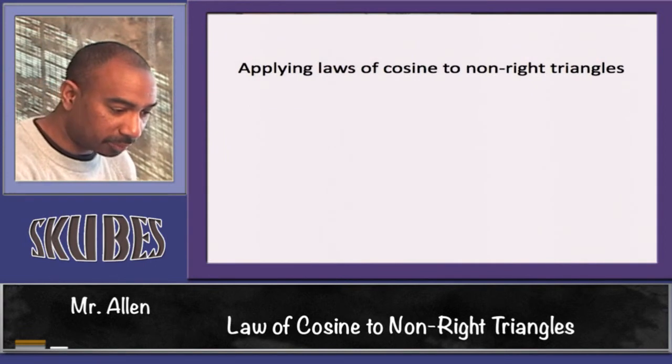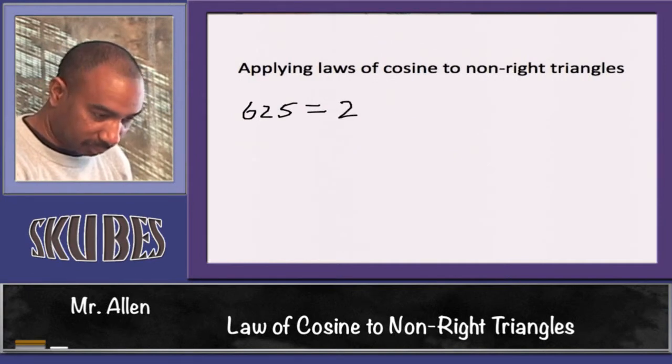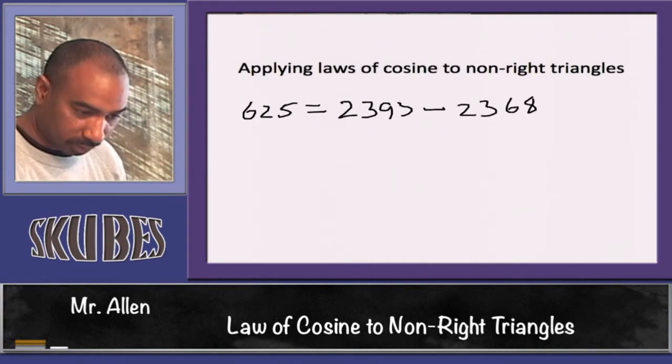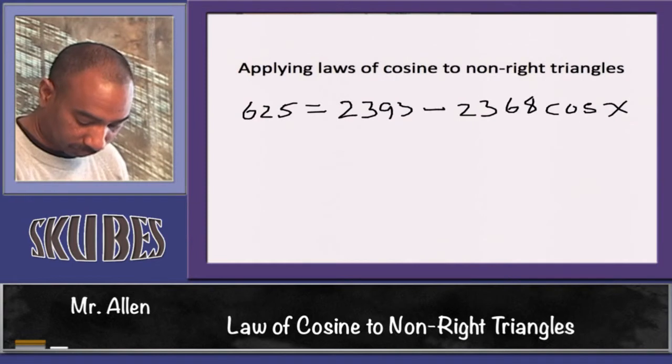All right, so this is going to wind up being 625. And if you add that up, you're going to get this amount, and cosine x. And you're going to take the difference there.